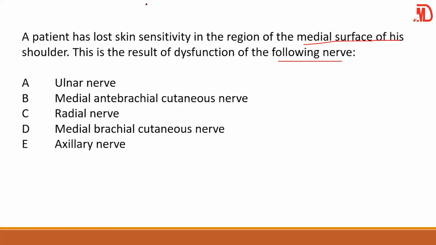That's why the patient has lost skin sensitivity in that area, because what is supplying it has a dysfunction. So over here, we are looking at the medial brachial cutaneous nerve.